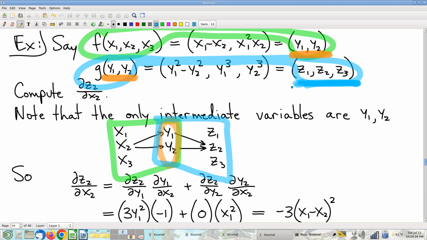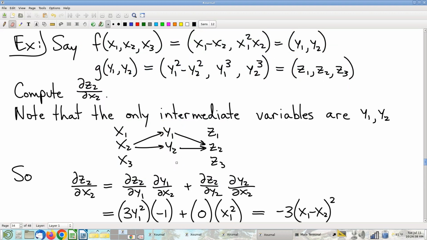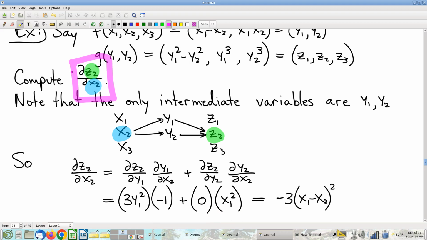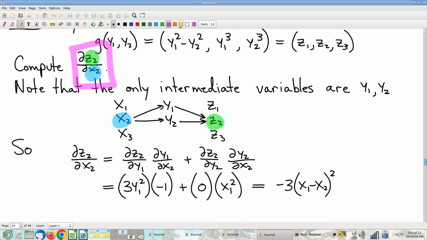Okay. Having generated that diagram, now you want to know the partial of z2. Fine, there's z2. You want the partial with respect to x2. All right, well, there's x2. And how am I going to compute this partial? Well, I just have to take it term by term, path by path.